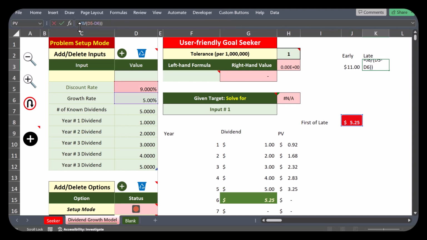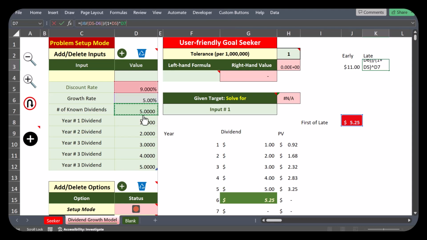All I'm doing is making that formula operational in Excel so that you can use this as a template. Divide that by 1 plus the discount rate raised to the power number of known periods.